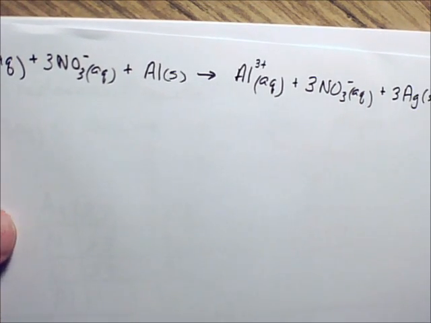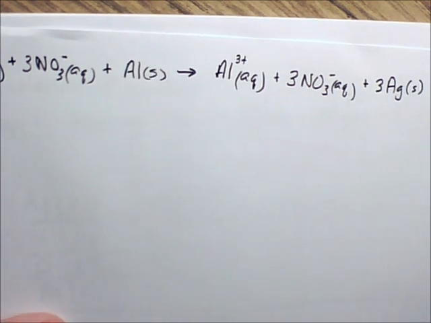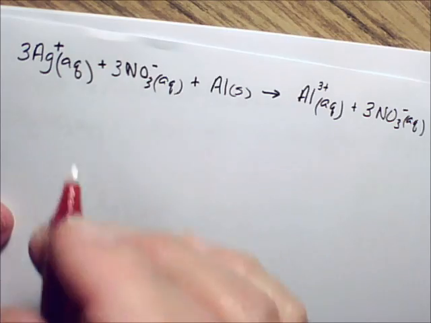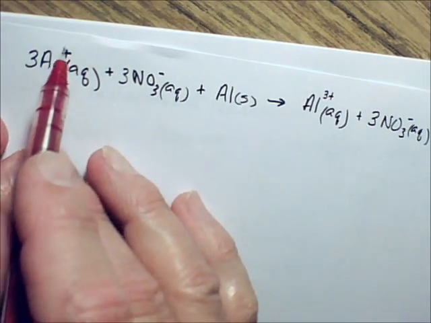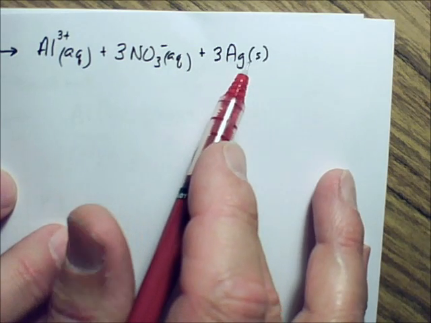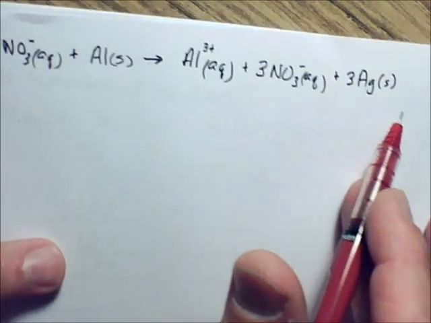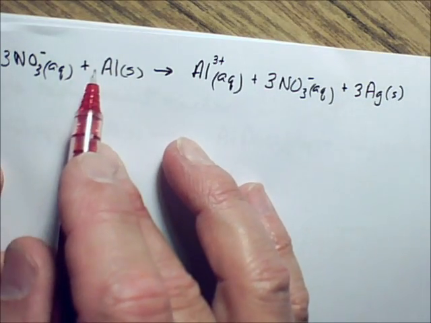And to find the net ionic equation, all we're going to do is go through and find anything that is exactly the same on both sides. Okay? Well, now look at the silver here. It's got a 3+ charge and it's aqueous. But this silver doesn't have a charge and it's a solid. Those aren't exactly the same. The aluminum, this is a solid.